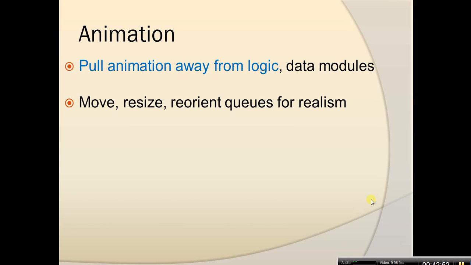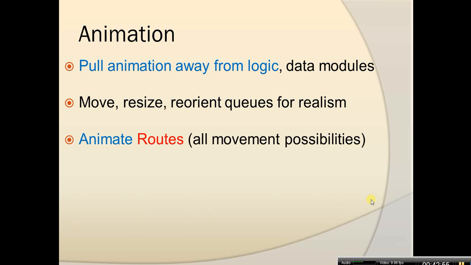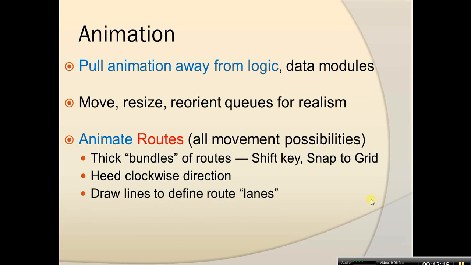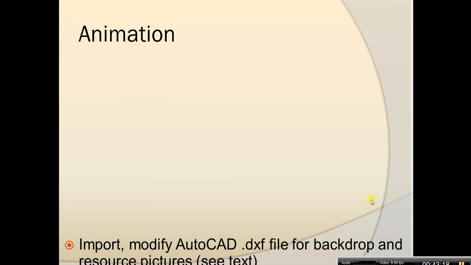We could move, resize, reorient cues for realism, animate routes using the animate transfer, and that will allow us to show different movement possibilities. And so to do that, we could use thick bundles of routes, use shift key and snap to the grid, hit clockwise direction, draw lines to define a route or lanes.